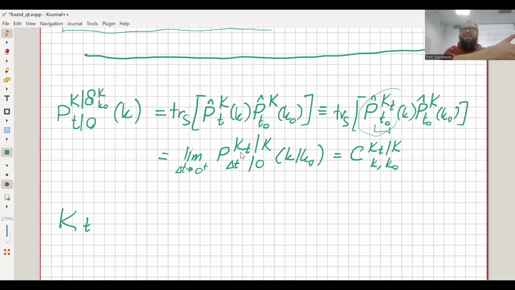Right? But you apply it immediately after. This is evolution of the projector. I mean, I'm just picking what I did here. I took the projector PKT and I relabeled it. That's what I did. I just relabeled it.